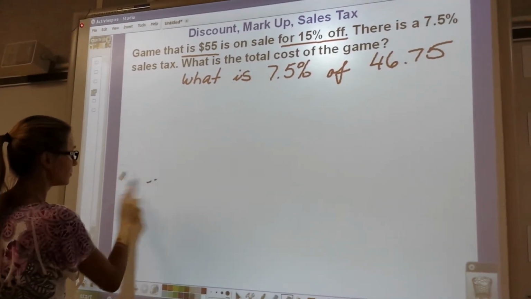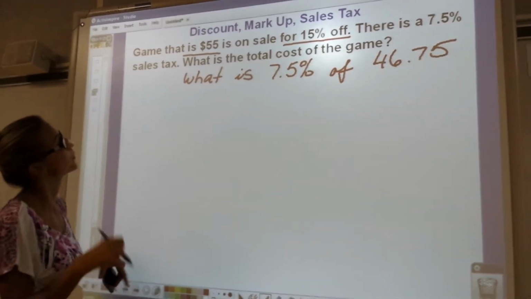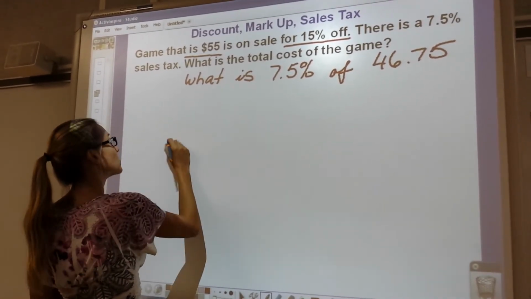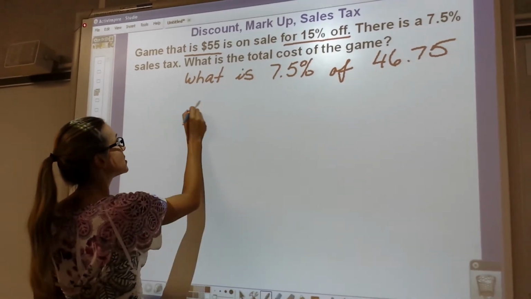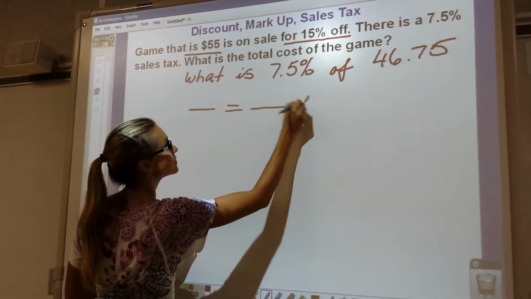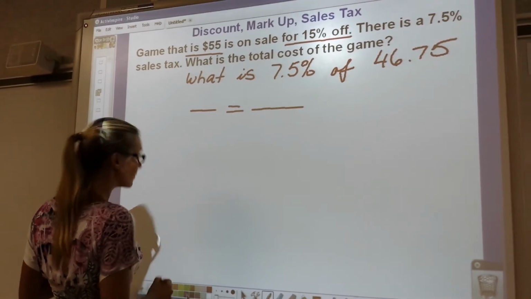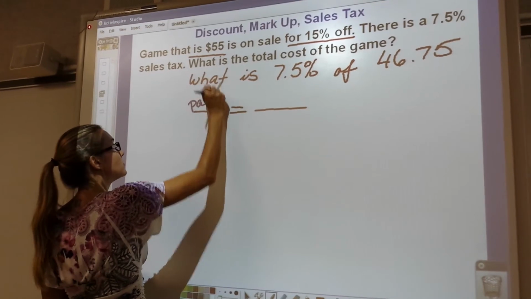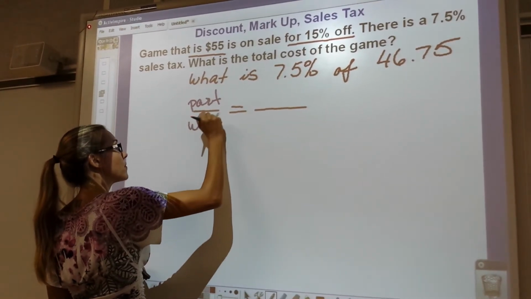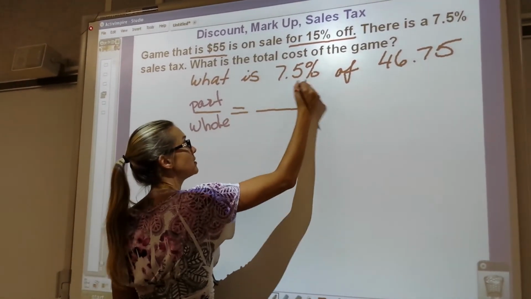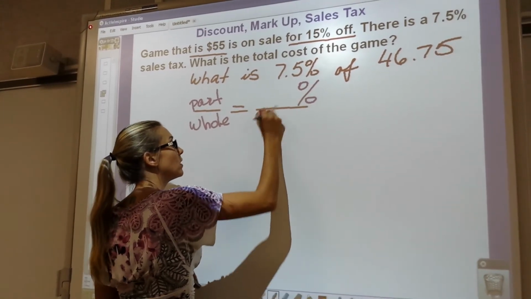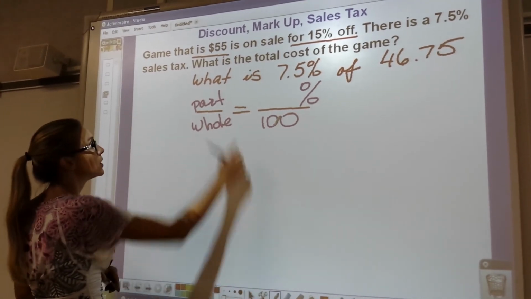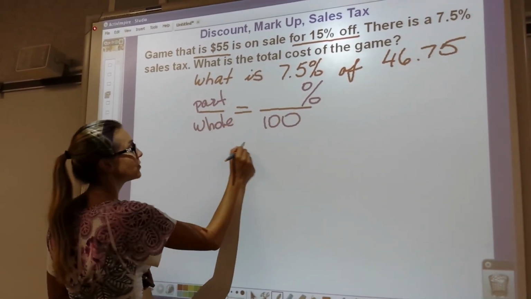Erase this, clean it up, make it look pretty. Alright, since we've been dealing with proportions, let's keep it as a proportion. Part, whole, right? Percent and a whole is 100. So what is 7.5? It's my part.